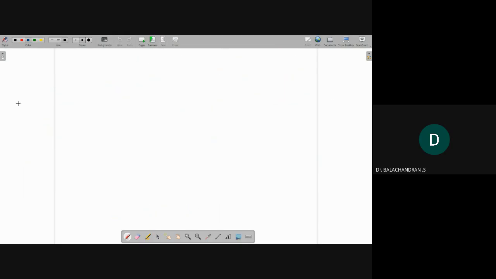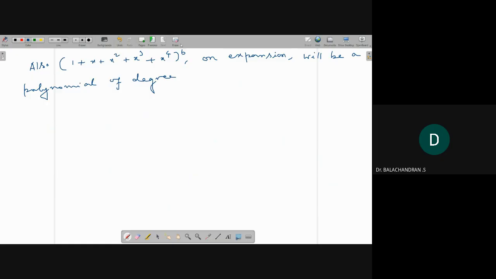Okay, I will write also, in the expansion (1 plus x square plus x cube plus x power 4) whole power 6, if we expand this, it will be a polynomial of degree 24 in x.